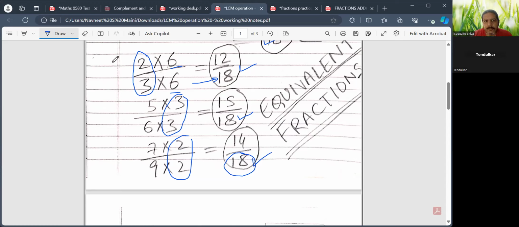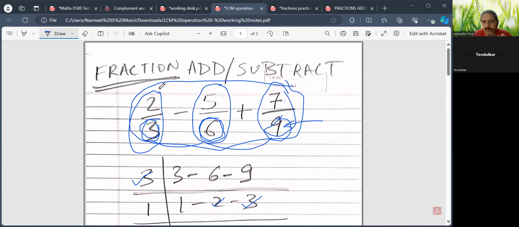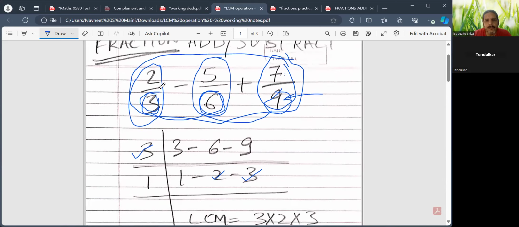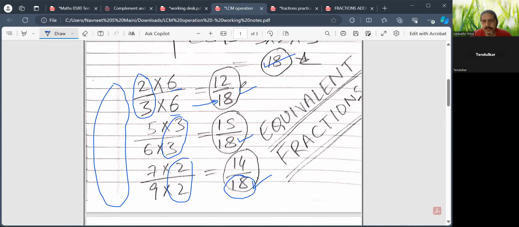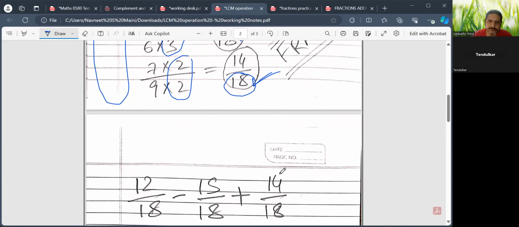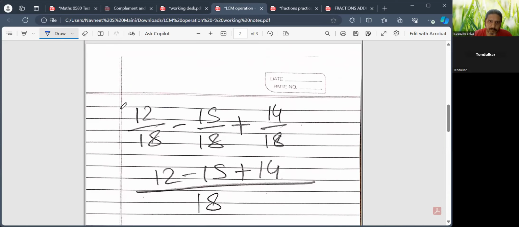And if you see, I haven't put any sign here, so you can forget about the sign for a while. Once I have reduced the three given terms into equivalent fractions, the next step is that I will put the sign here. So this is a negative term, the other two are positive.